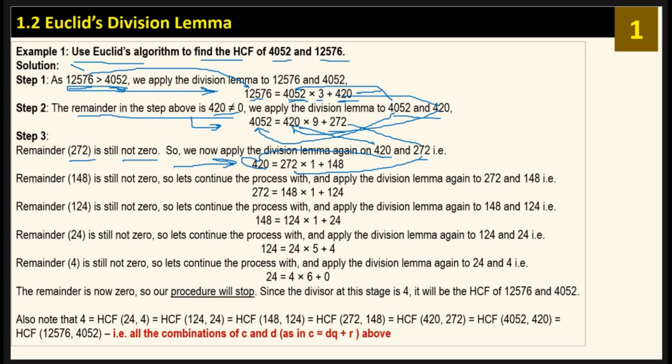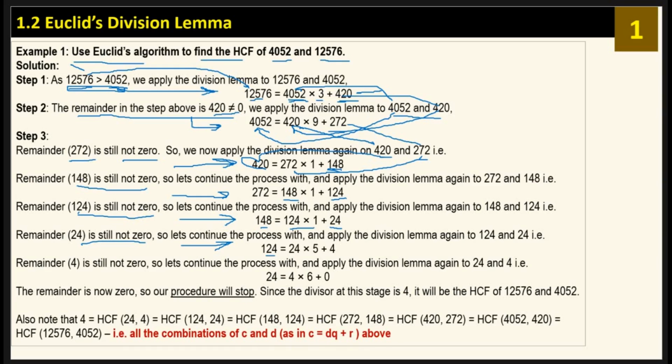When we do this, we get a remainder of 148. This 148 is still not 0, so we apply the lemma again. We get the remainder 124. The remainder is still not 0, so we apply it again, and we get the equation 148 is equal to 124 times 1 plus 24. 24 is the remainder, which is still not 0, so let's continue this process once again.